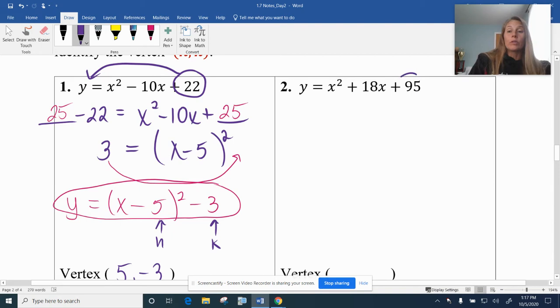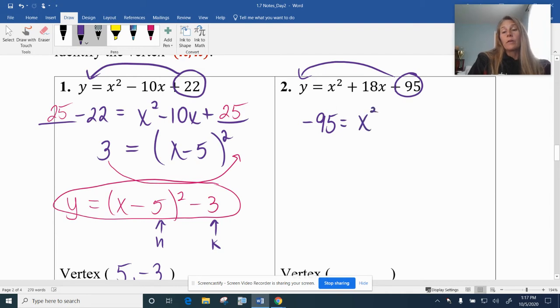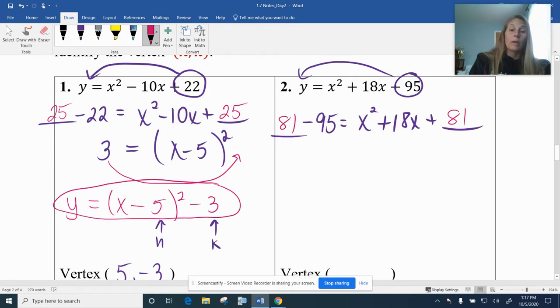All right. So for this next one, we're going to move the 95 over temporarily, which makes it a negative. And then we have to figure out what's that number that I have to add to both sides. So half of 18 is 9. 9 squared is 81. So now this side here, this trinomial, I can easily factor into (x + 9) squared.